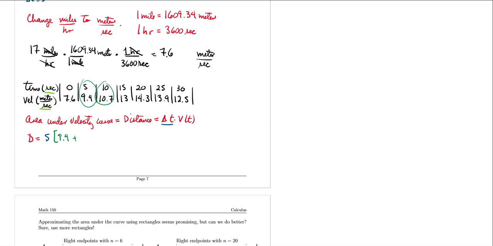The 10.7 plus the 13 plus the 14.3 plus the 13.9 plus the 12.5. And let's see, I'm going to go ahead and plug in all of this into my calculator, and I ended up getting a 369, but what would be my units?